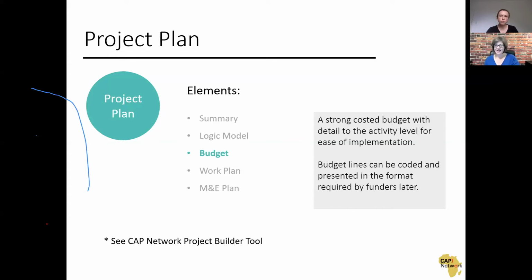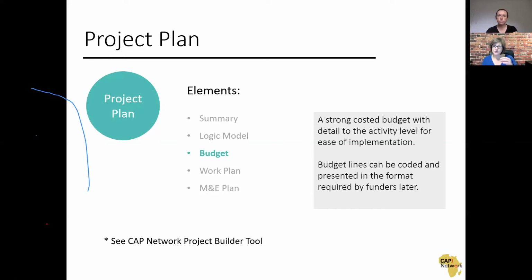Every funder has a different budget template, and every funder likes to call things by different names. They roll things up into different groupings. So it's really important that your budget be developed completely separately from any funder application. What you want to do is build a budget that tells you exactly what you think it's going to cost to do the things you want to do.